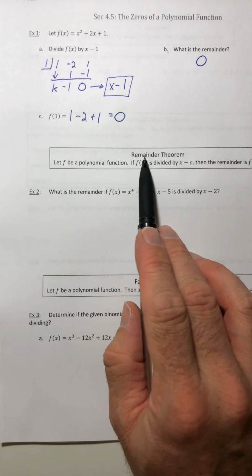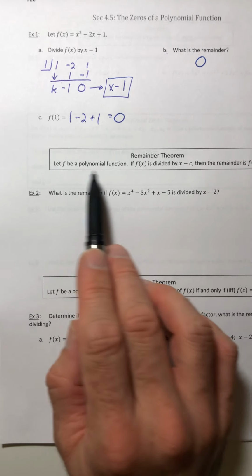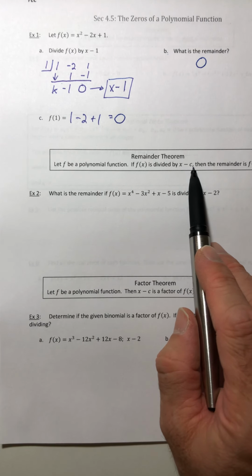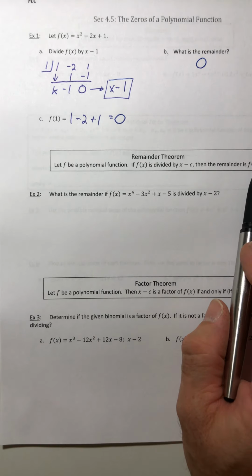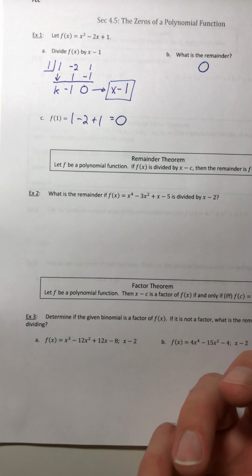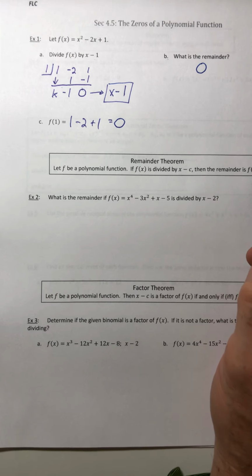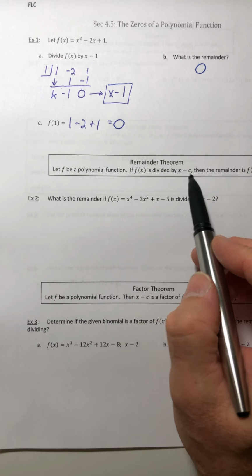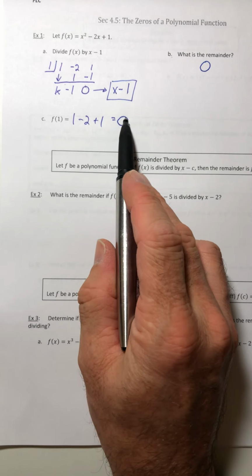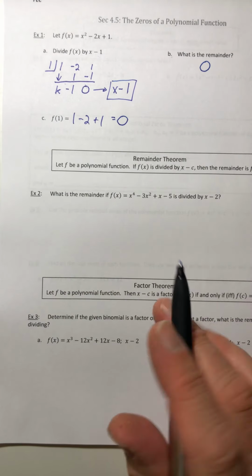Well, that's going to be the remainder theorem. So if f is a polynomial, and you divide it by x minus c, then the remainder is f of c. So if you're just interested in the remainder, you can just plug in what makes what you're dividing 0 into the function, and whatever you get, that's your remainder.